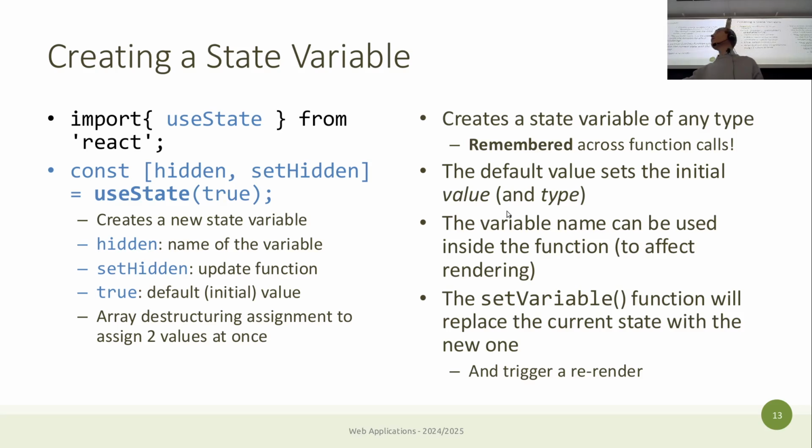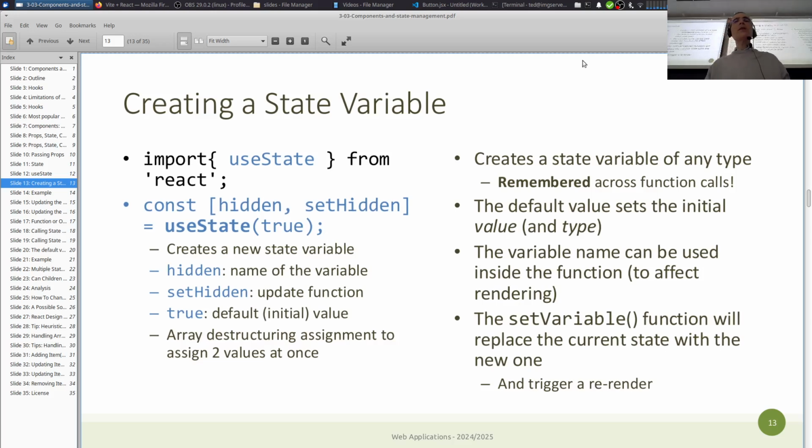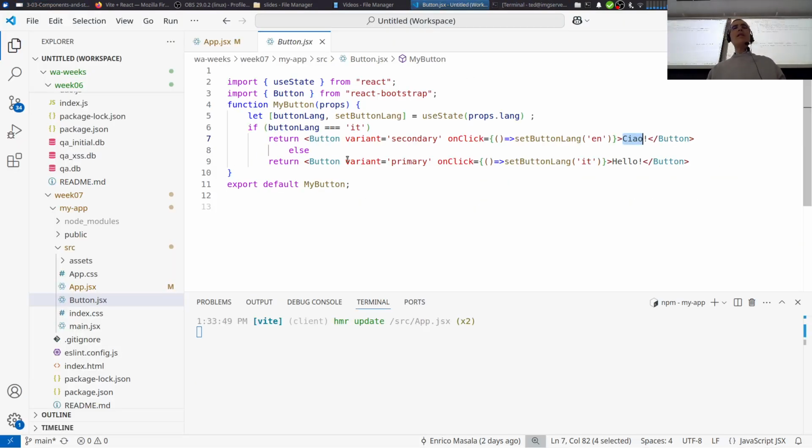A child can see the state of the father only if we pass it as a prop. Okay, so let me see. Let's assume this button has some way of... Yeah, I mean, we can use, let's say, not a language but a variant. Okay, set variant.